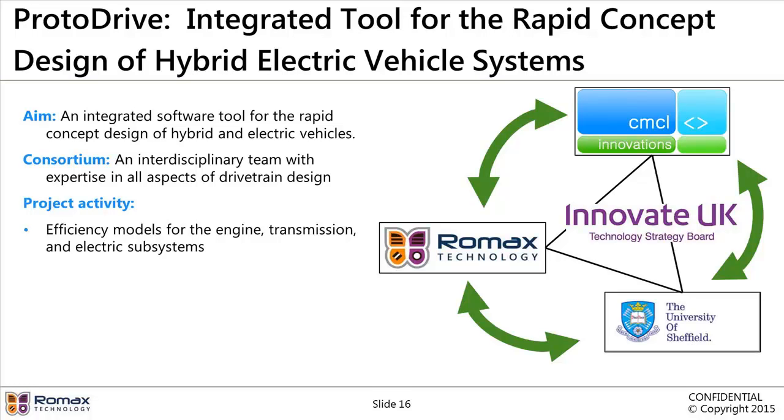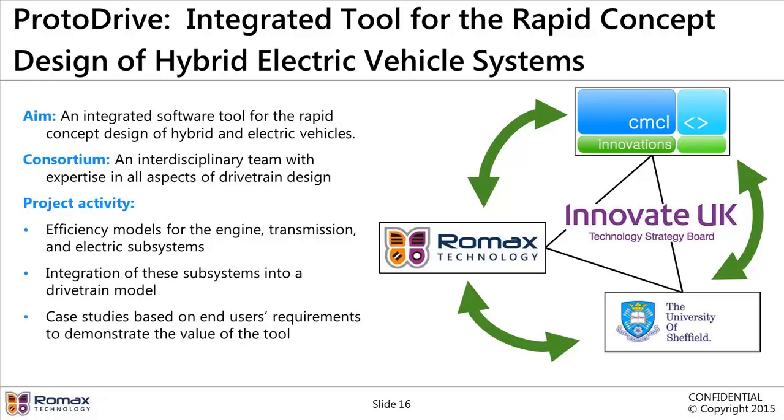These component models are integrated into our drivetrain simulation so that we can calculate the component efficiencies as the simulation is running. It's very important that we're a multidisciplinary team because typically the subsystem models are not always well integrated or of equal fidelity. So that's an issue that we're trying to fix.